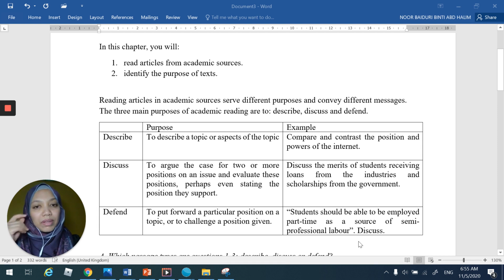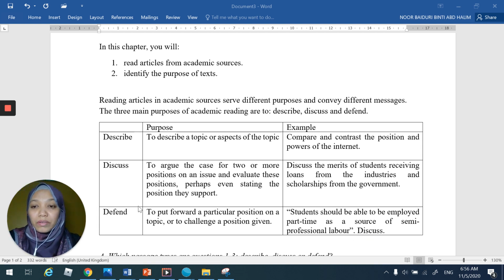Basically, for academic readings, there are three main purposes of text. They are to describe, to discuss, and to defend. As you can see in the table here, these three purposes might confuse you a bit.